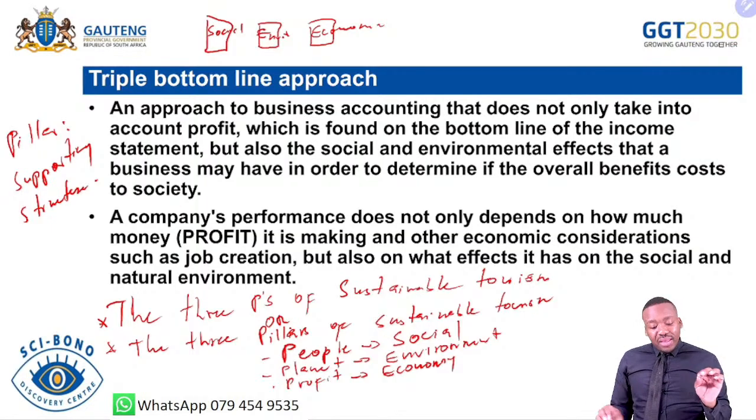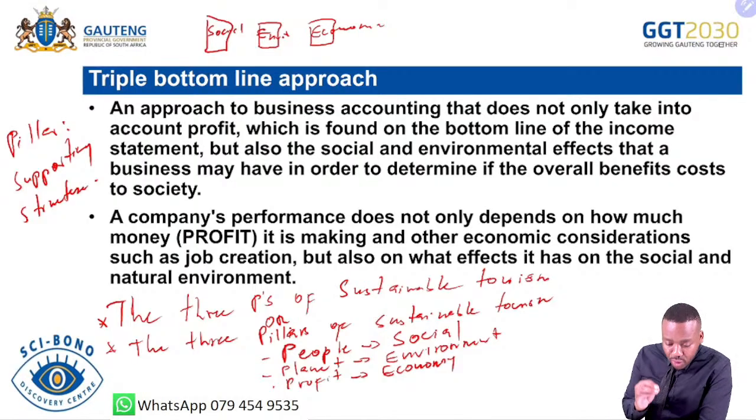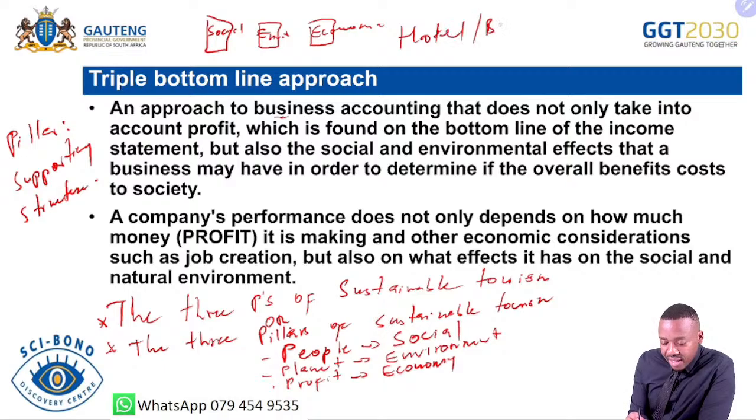So then things changed. So the triple bottom line approach, they are saying it is an approach to business. Which business? In this context, it is a tourism business. Let us say a hotel, or B&B, or a travel agency, right?